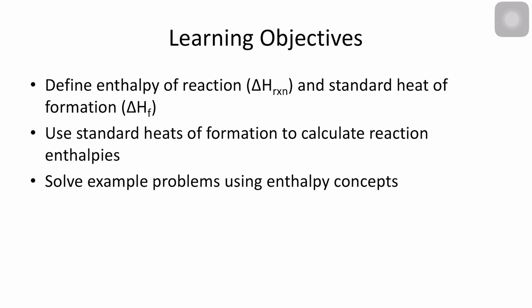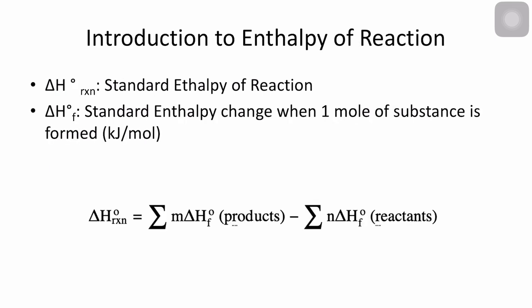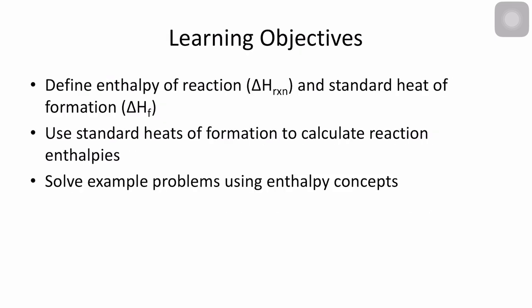So we will be using the standard heats of formation to calculate the reaction enthalpies, or enthalpy of reaction, and vice versa, and solve problems involving this. So when we see the delta H Rxn, that is your standard enthalpy of your reaction.